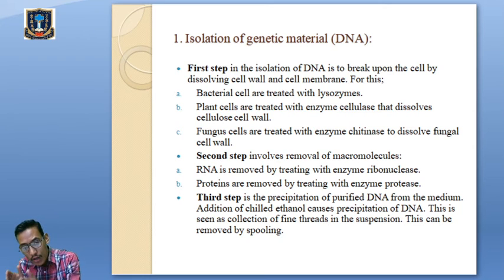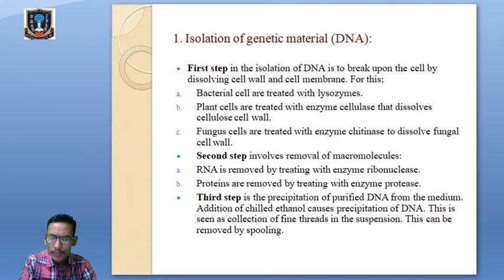If we are trying to obtain the DNA from the fungus, then the fungal cell wall needs to be treated with the enzyme chitinase. So in this way, the DNA will be extracted from the host cells, but the released DNA will be along with macromolecules, okay, like RNA, protein, and lipids.